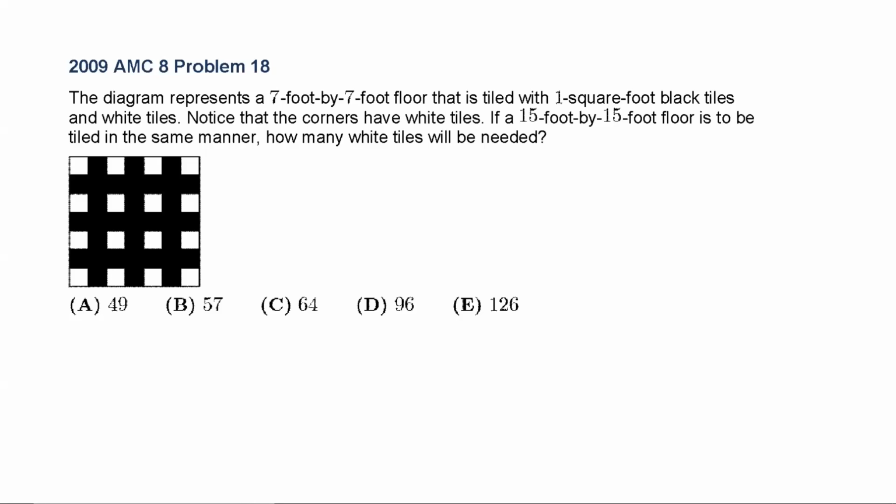So it's actually kind of relatively simple to notice a pattern here. So for example, if you have a 1 foot by 1 foot floor, then how many white tiles would you need for that?